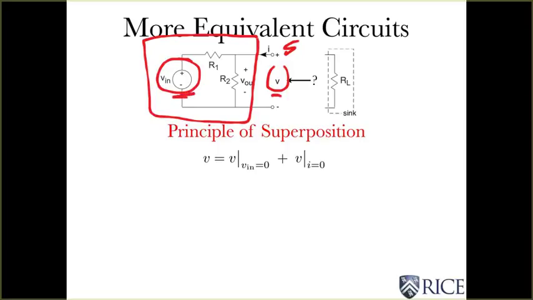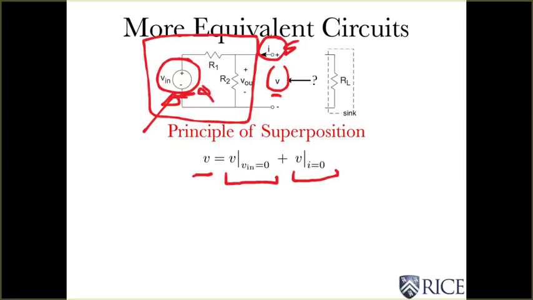So the principle of superposition says that voltage V will be equal to the sum of the voltage you get when you set the voltage source that's inside, Vn, to 0, plus the part you get when you set the input current to 0, and that'll give you the part of V that's due to Vn.